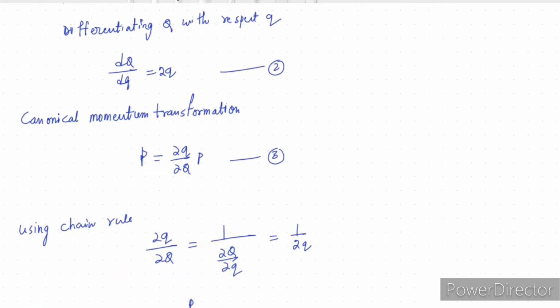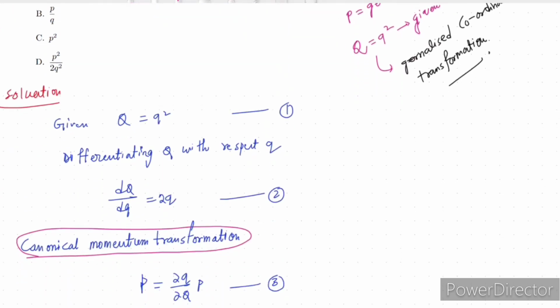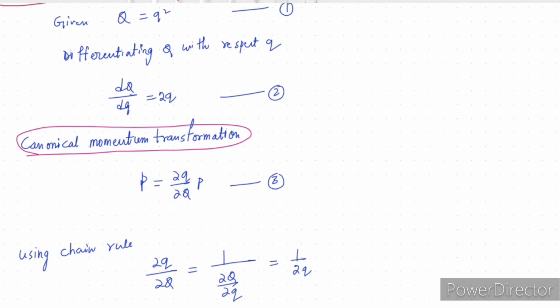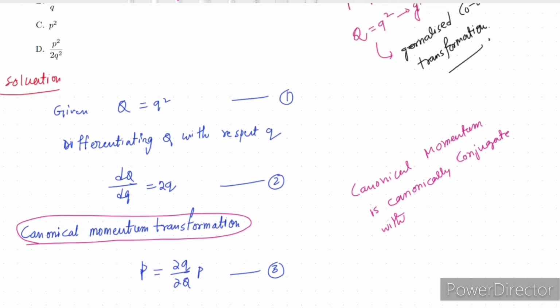So our main aim is to calculate the canonical momentum transformation, because the canonical momentum is canonically conjugate with the generalized coordinate.